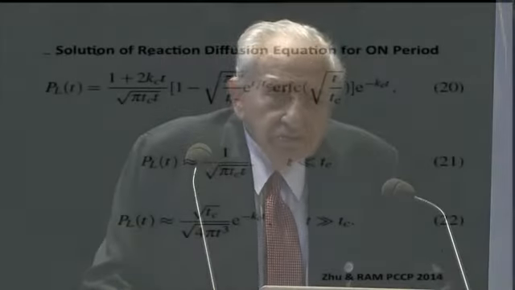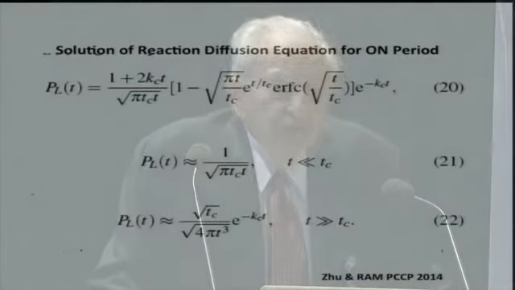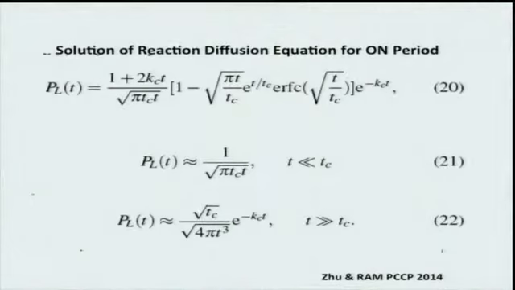Now, as you know, in theory, it's possible to derive very complicated expressions. And they're messy. In fact, if you look at the 1956 electron transfer, it's a long time ago.